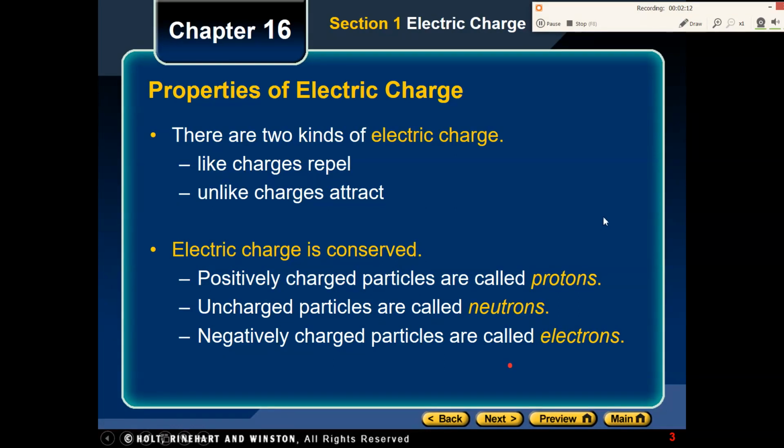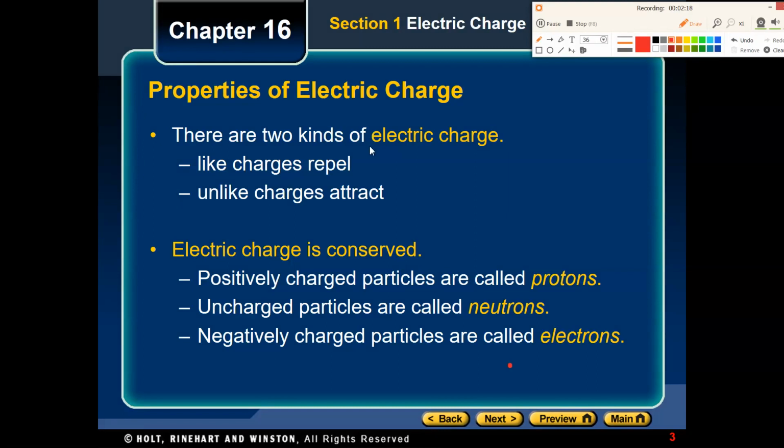So probably you guys know from middle school science, there are two different kinds of electrical charges. We human beings arbitrarily assign them positive charge and negative charge. We know the same kind of charge repel each other.